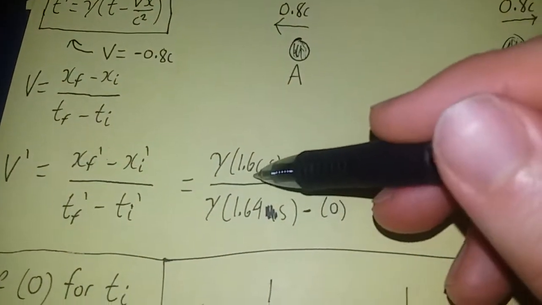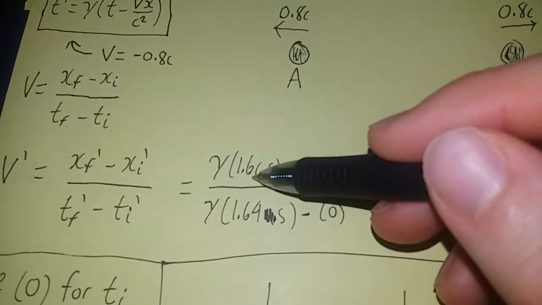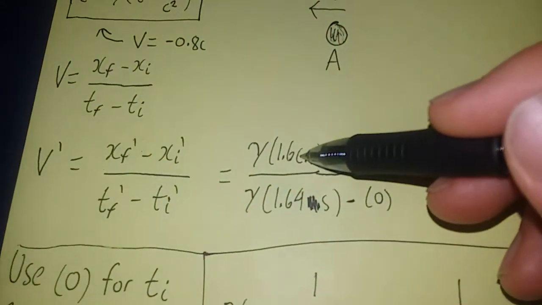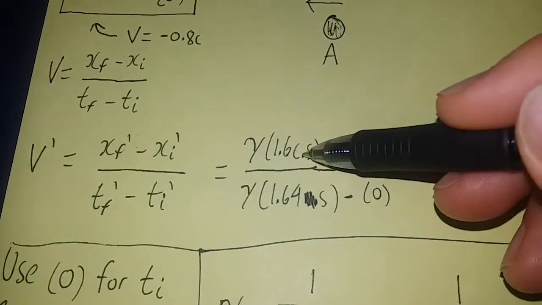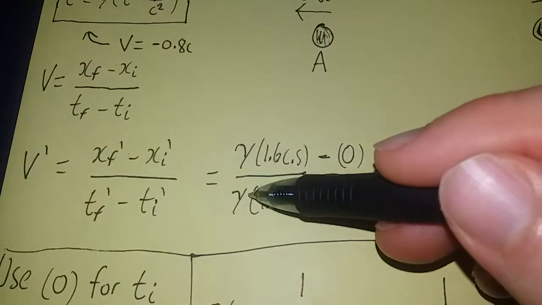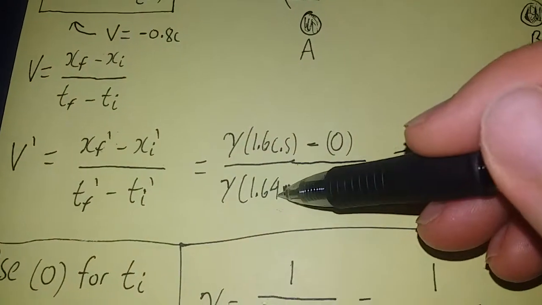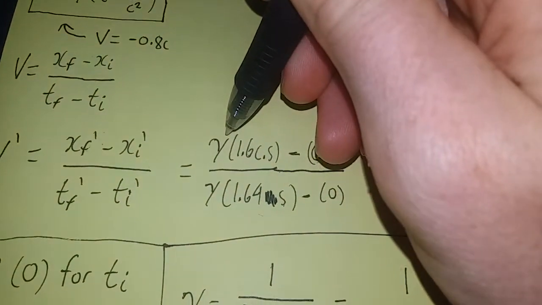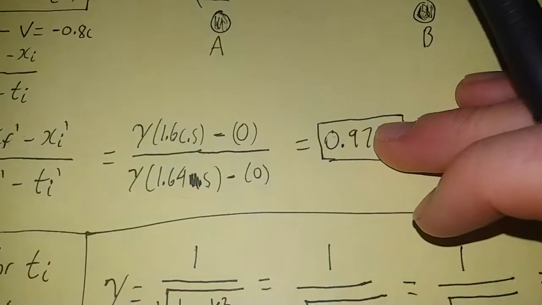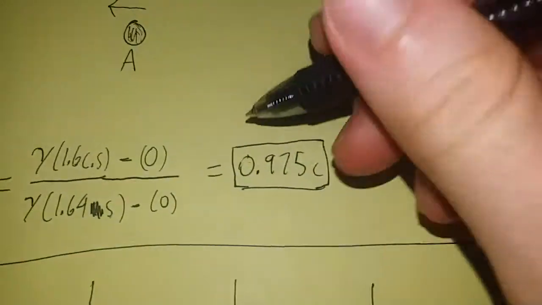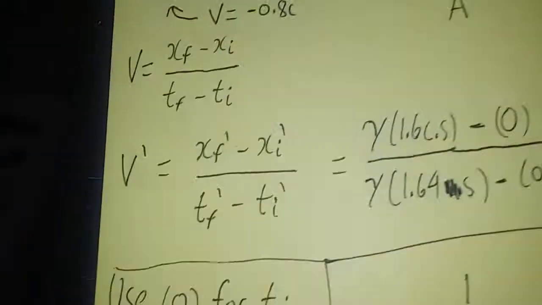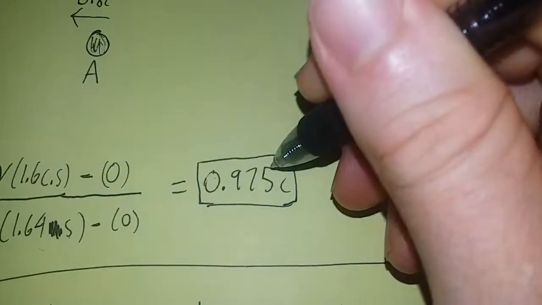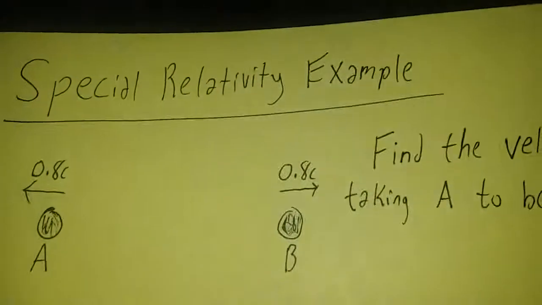But after 1 second, x prime becomes gamma times 1.6 light seconds, and t prime becomes gamma times 1.64 seconds. And as you can see, we didn't have to do out gamma because those divide each other out. And we find that our velocity, v prime, is 0.975 c.